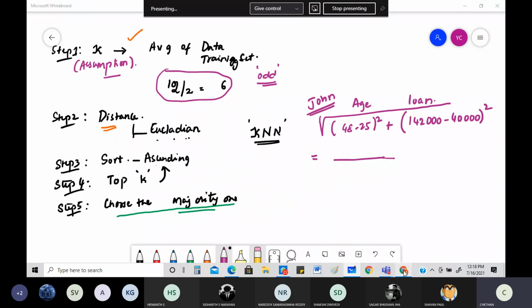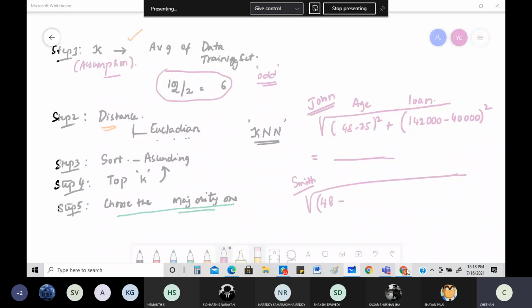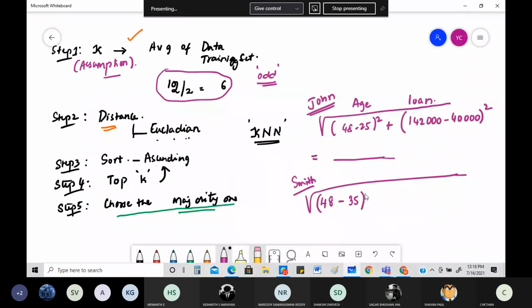Then the next person also needs to be done, Smith. I need to figure out even for Smith. And I told you very clearly that to figure out your Euclidean distance, the Andrew age will remain constant. 48 minus, who's Smith? Smith is 35, the whole square, plus, who's the next person?